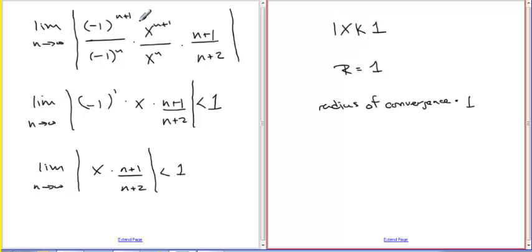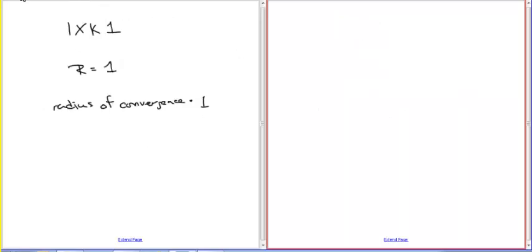Okay, let's go to the next one, which is now going to do the interval of convergence. So we are going to problem number 12. Yep. So our infinite series, summation from n equals 0 to infinity of x over 5 to the n power. So u sub n is x divided by 5 to the n power.